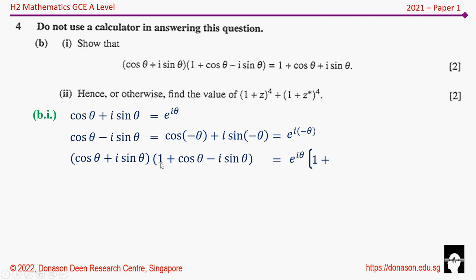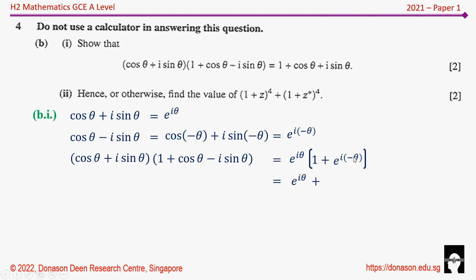And here we have 1 plus, so I write the 1 plus, and cos theta minus i sin theta, which we have already expressed in exponential form as e to the power of i times minus theta. So there we have it. The next step is to expand these brackets. So 1 times e to the power of i theta will simply be e to the power of i theta, and this is a plus, and of course e to the power of i theta times e to the power of i minus theta.